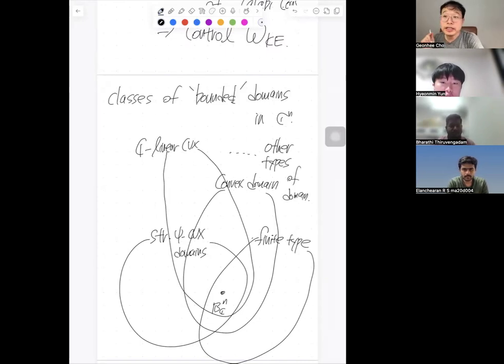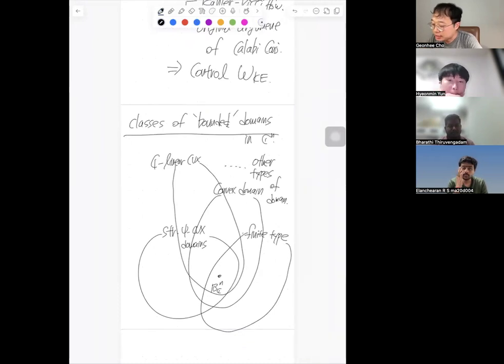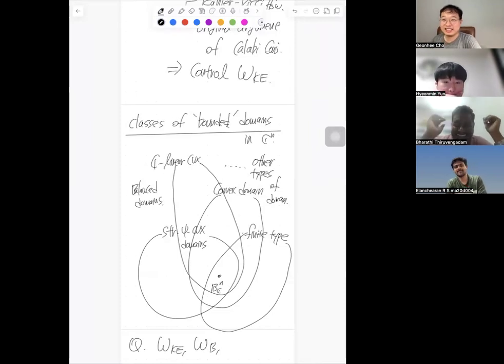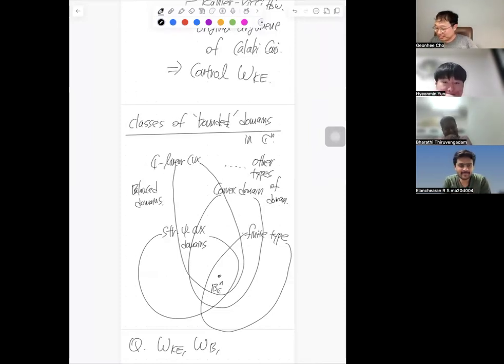So it is very interesting to study these classes in terms of the Kähler-Einstein metric. Another class of domain is the balanced domain. I'm very afraid of drawing the diagram correctly. So balanced domains, and so on. It's okay. For each of these classes, the reasonable estimates and comparison, equivalence, and so on are already highly non-trivial enough.